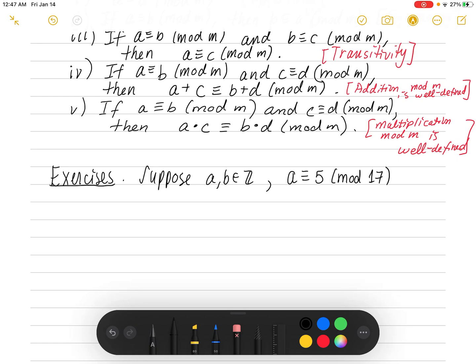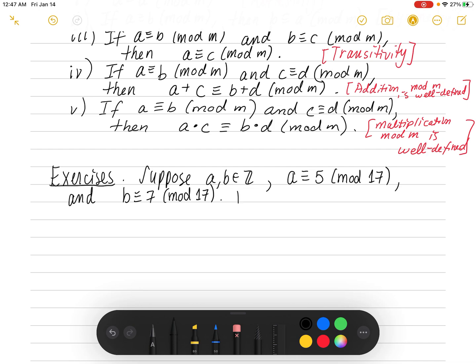So here we're not told exactly what a is. We're not told a is a particular number. We just know it's congruent to 5 mod 17. And we're also told something about b. B is congruent to 7 mod 17. We don't know exactly what number b is, but we just know it's congruent to 7 mod 17.